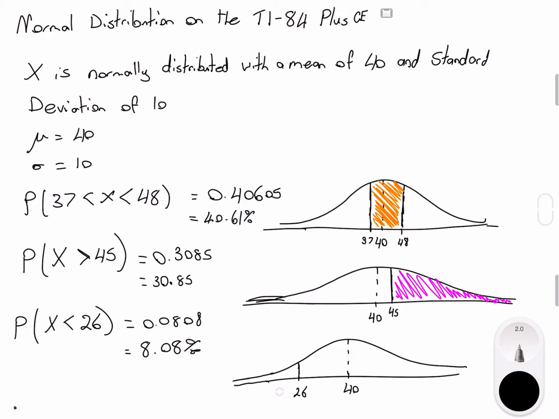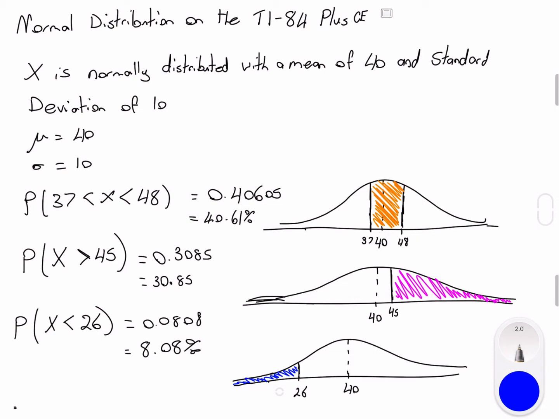We'll talk about this a bit in class. So when you're illustrating it, try and follow that pattern. It just makes it look a little bit better. And finally, let's pick blue, and I'm going to shade in this area here, which shows the probability that x is going to be less than 26, which is 8.08%.